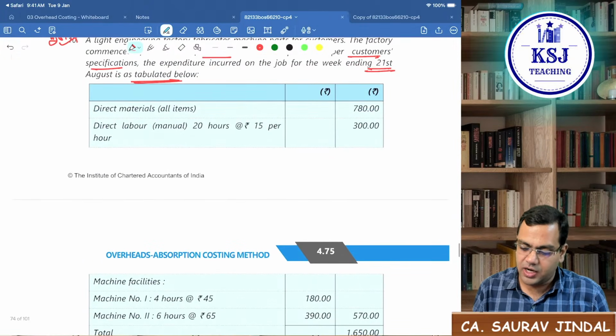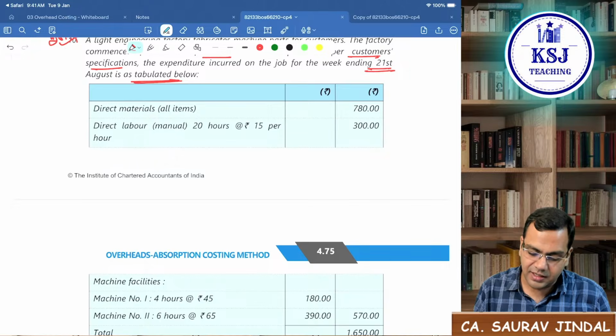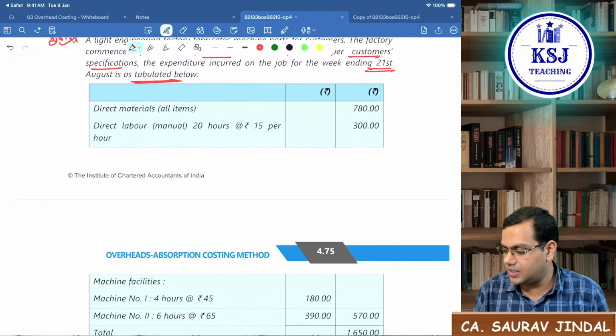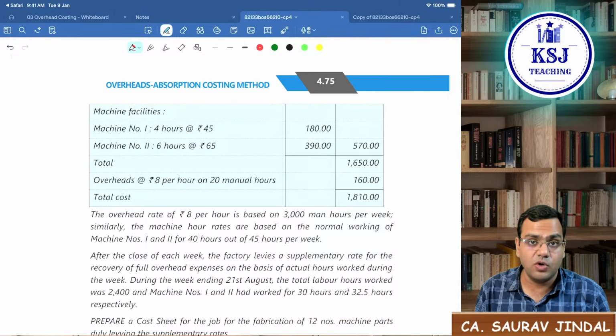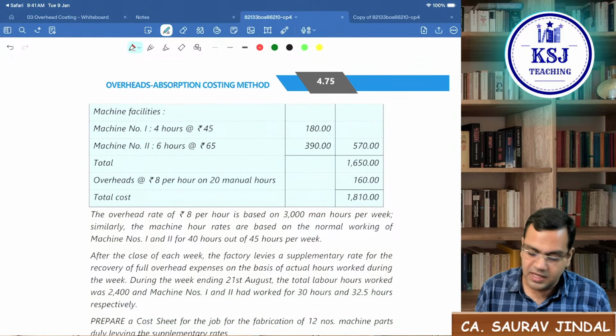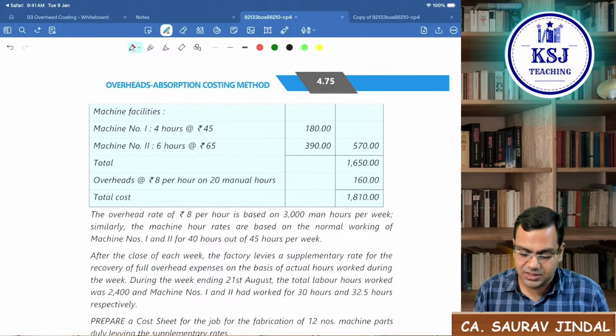Direct material, all items 780. Direct labor, manual 20 hours at the rate of rupees 15 per hour, that is 300. Machine facilities are given. Machine number 1 4 hours at the rate of rupees 45 and machine number 2 6 hours at the rate of rupees 65. So this is given total.